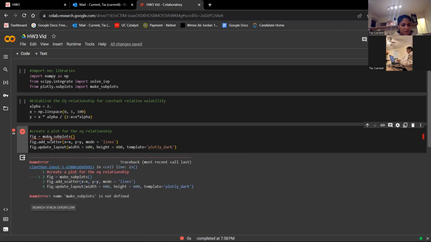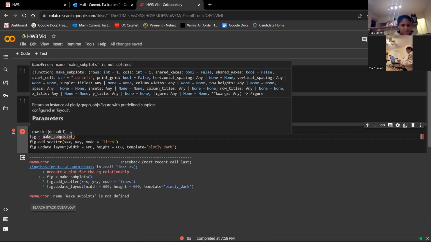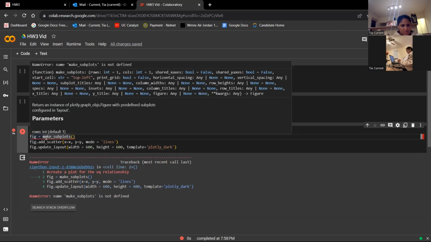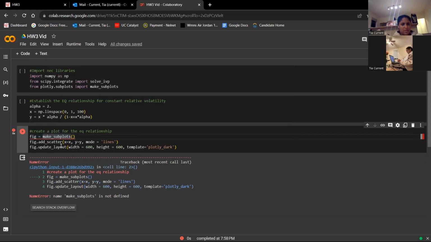Wait. Oh no, I have an error. The name make_subplots is not defined. Let's see, fig is equal to make_subplots, open, close parenthesis. How is that not working?